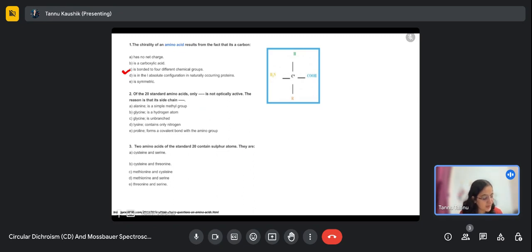Now, out of the 20 standard amino acids, which amino acid is not optically active, and what is the reason? Are you aware of the 20 naturally occurring amino acids?